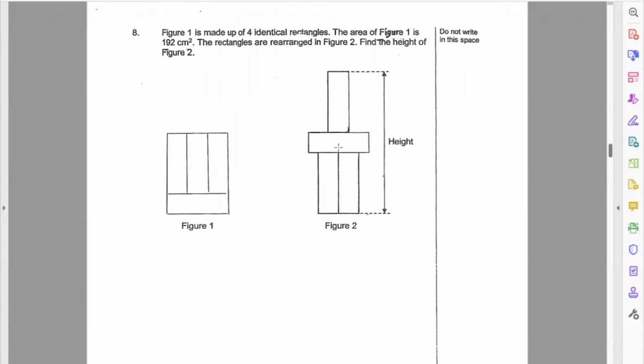So with a figure in a question like this, normally what is required is to know the relationship between the length and the breadth. So from figure 1, you can see that the length of the rectangle is equal to 3 of its breadth. So we can do this. Length to breadth is 3:1. So the length is 3 units, the breadth is 1 unit.